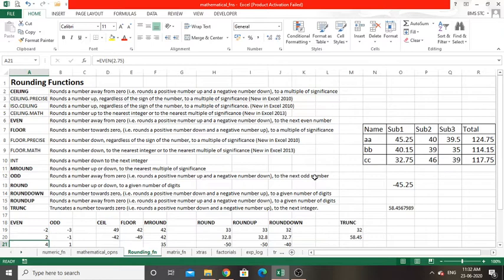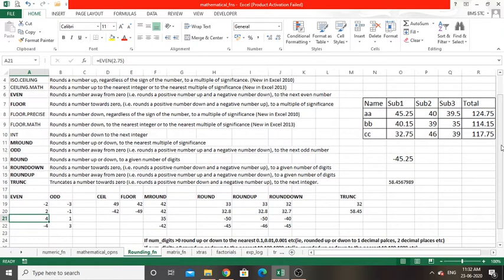Next is equals even of 2.75. Simply if we round the number 2.75, it will be 3, right? But here we have used a function called even, so it will round it to an even number. Since it is 2.75 and positive, it will round it up to the next positive even number.